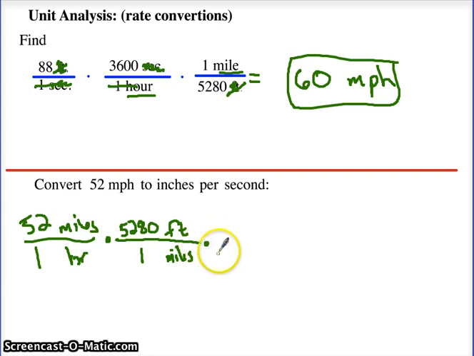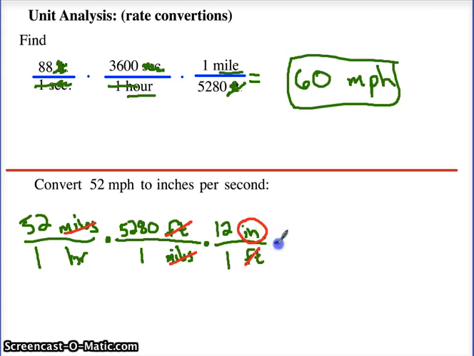Now we want inches, so we're going to have to make a second step. Because feet are on the top, I'm going to go ahead and put 1 foot on the bottom, knowing that there are 12 inches in 1 foot. That means that miles will cancel away, feet will cancel away, and we're left with inches.